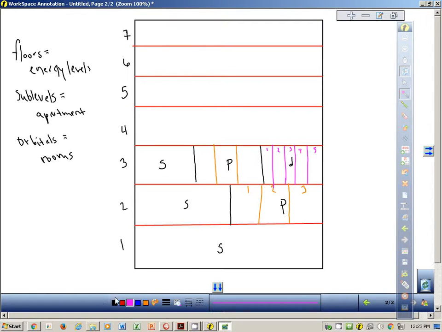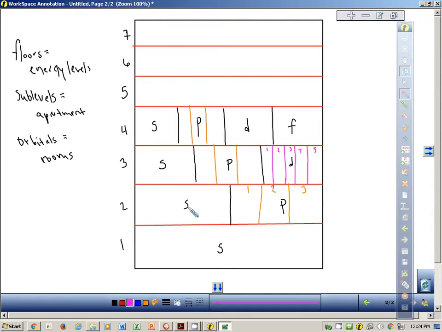How many are in the 4th floor? We've got S, and what else? P, what else? What other sublevels? D and F. The P of the 4th energy level still is divided up into 3 rooms. It doesn't matter that it's on a different energy level. It still has 3 orbitals or 3 rooms.